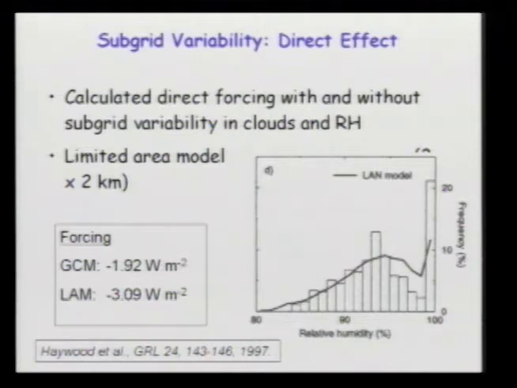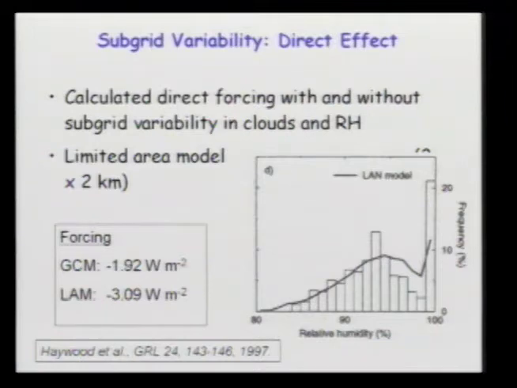The subgrid scale variability issues have an effect on both the microphysical side and also on the direct effect, and there was an early study by Jim Haywood in which he was able to show that if one calculates the direct forcing with or without this subgrid scale variability, it actually makes quite a difference in the picture that you get of radiative forcing.